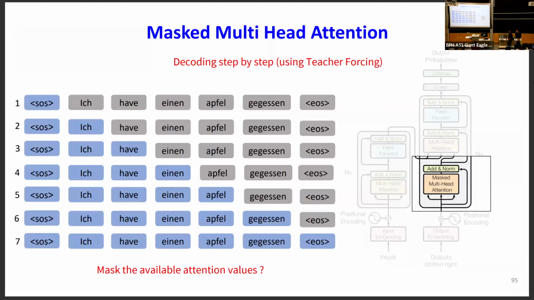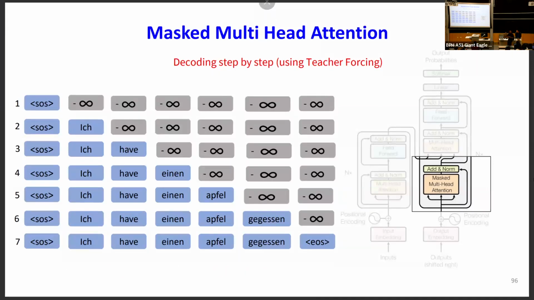And how do we implement that? You can simply replace the masked attention filter values that you generate by minus infinity. But how does that help? Why only minus infinity? Once you put it through softmax, it becomes 0. Yes, that is correct.